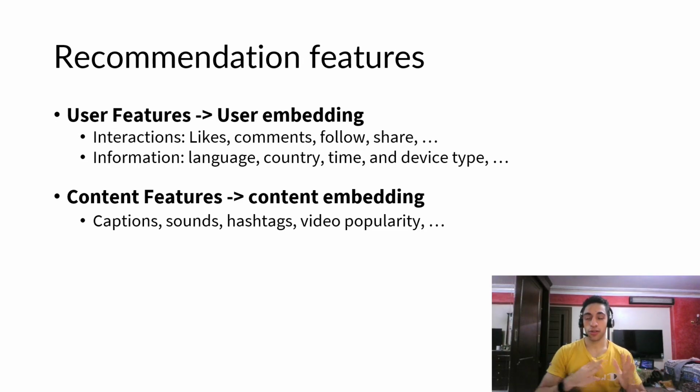This is done so that TikTok understands what this video is about, and removing any inappropriate content that is being uploaded, and other things like the creator adds a caption, sound, hashtag, and what the video popularity currently is. These are things that are related to the content.